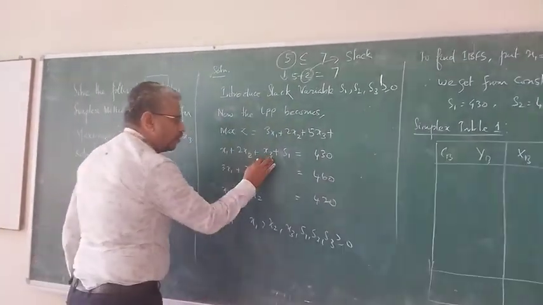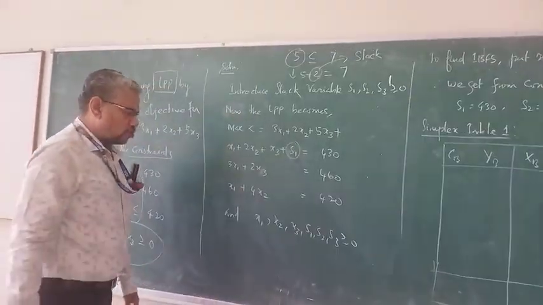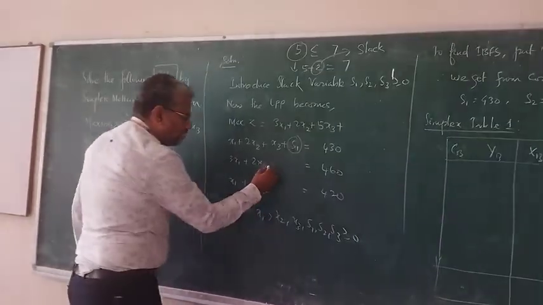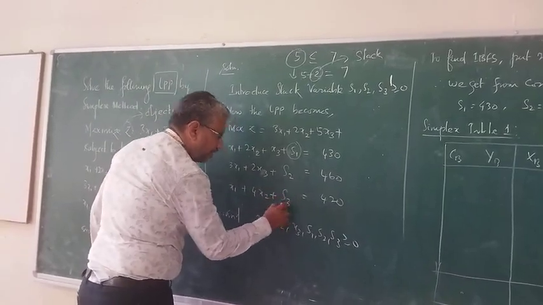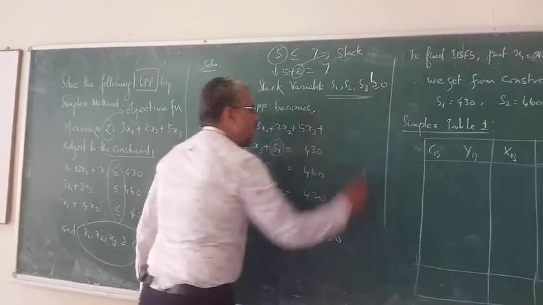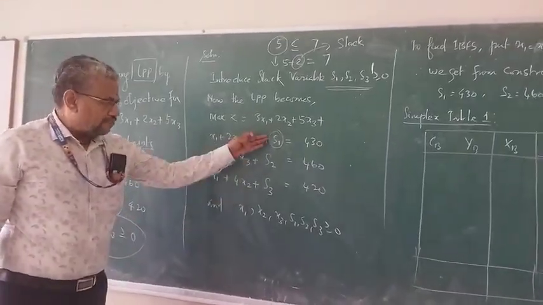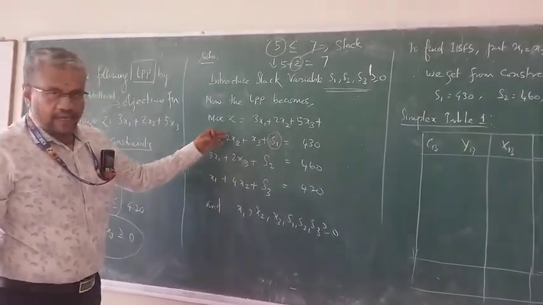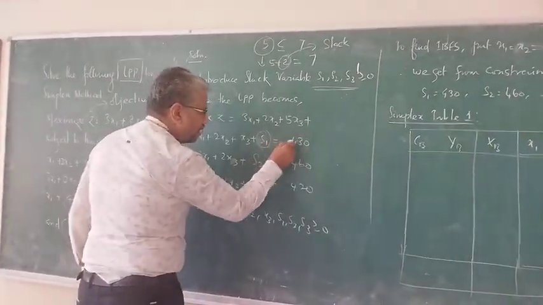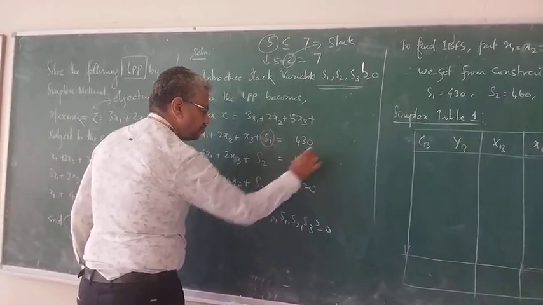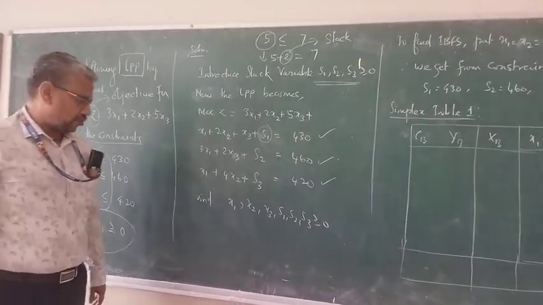Therefore, the slack variable is also unknown, so we call it S1. Similarly, for the second constraint, S2. Third constraint, S3. So we are adding three slack variables to the left hand side of all three constraints separately so that the inequalities become equalities. So the three constraints will be converted into equations.